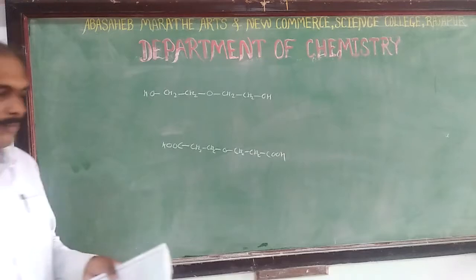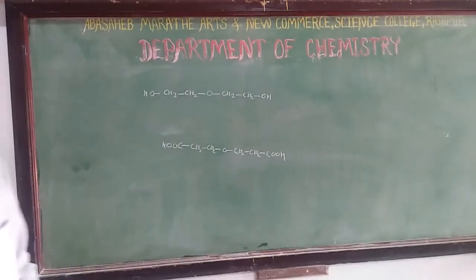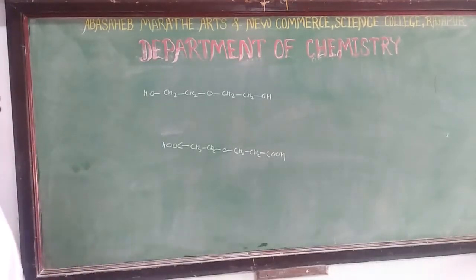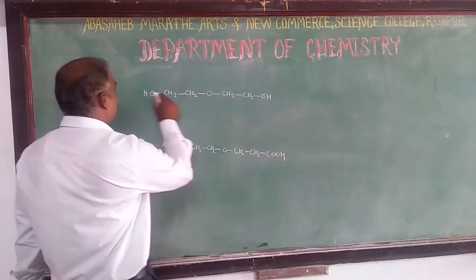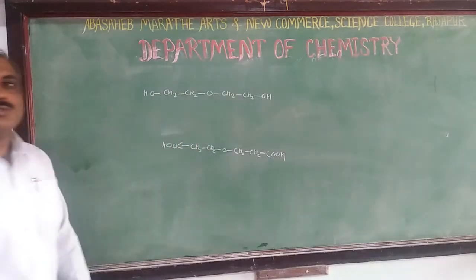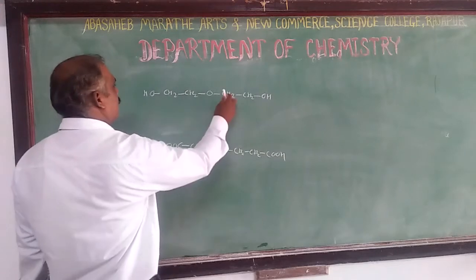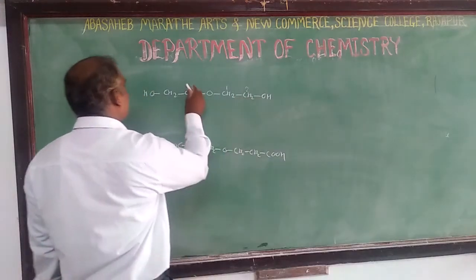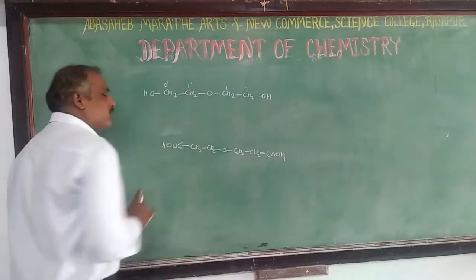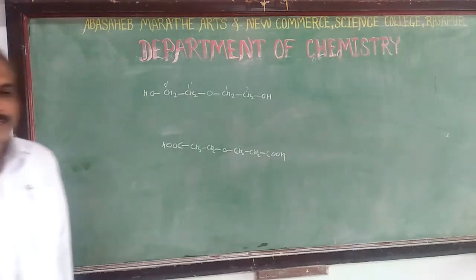The name is given by firstly giving the numbering. It also has the same functional group on two sides. The numbering is given like 1, 2. It is also 1 dash and 2 dash.